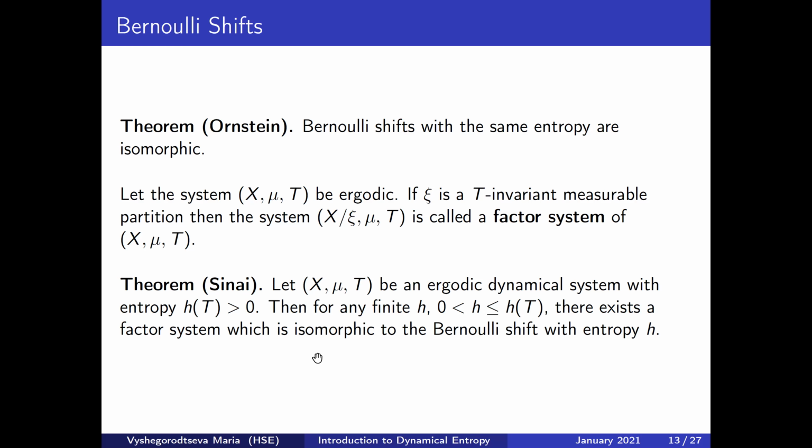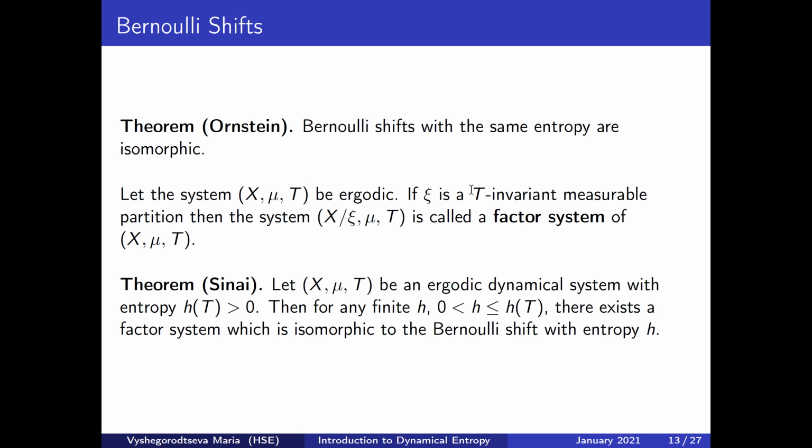So firstly, I will define a factor system of a dynamical system X, mu, T. So we will take a factor as we discussed earlier in this lecture, but now we will need a T. We will need Xi to be a T-invariant measurable partition.